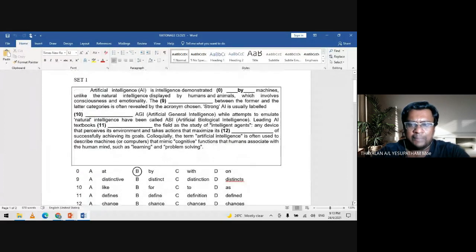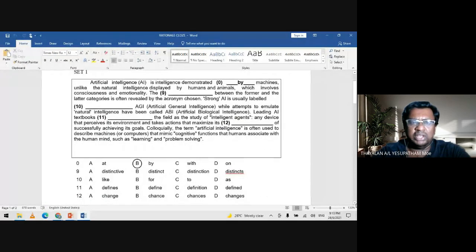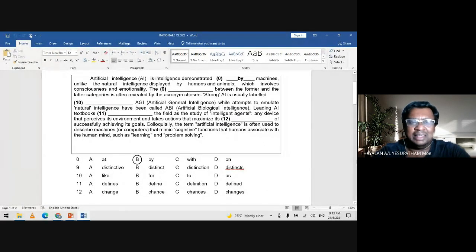Okay. As I told you, we need to first get the main idea of what the text is all about. So we need to read. Artificial intelligence is intelligence demonstrated by machines, unlike the natural intelligence displayed by humans and animals, which involves consciousness and emotionality. The distinction between the former and the latter categories is often revealed by the acronym chosen.